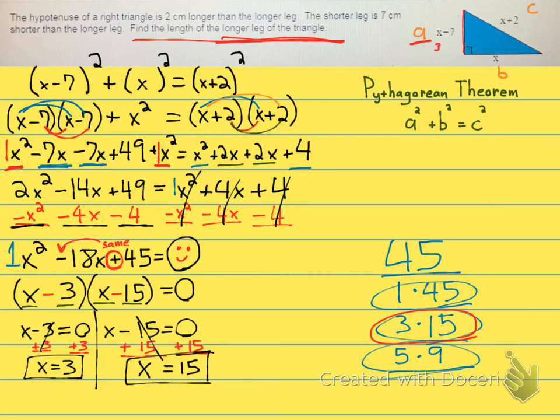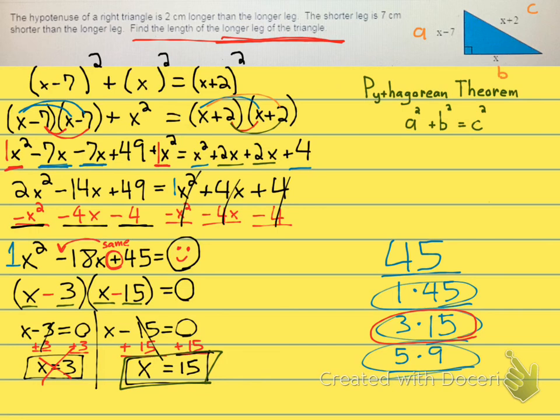Well, this would be 3 minus 7. What's 3 minus 7? Negative 4. Is it possible to have a negative length? No, it is not. So this can't be the answer. I have to throw this answer out because it doesn't make sense. So that leaves me with 15. Let's try 15. I hope this one works.